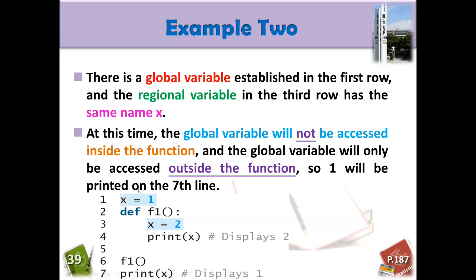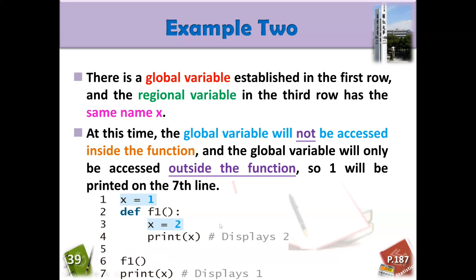So where does the function start? It starts from line 6. So line 6 calls function 1, and x is 2, and prints x. So it will display 2 first and then finish, right? So the program goes back, line 6 is finished, and we go into line 7, print x.